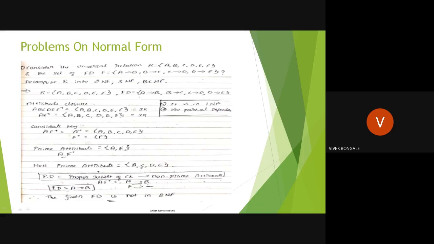Even though this table is not in second normal form, for the problem's sake we have to find the third normal form and BCNF because they asked for them. Is it in second normal form? No, it is not, so this condition is not satisfied. Obviously, if it does not satisfy second normal form, the functional dependency will not satisfy the third normal form.